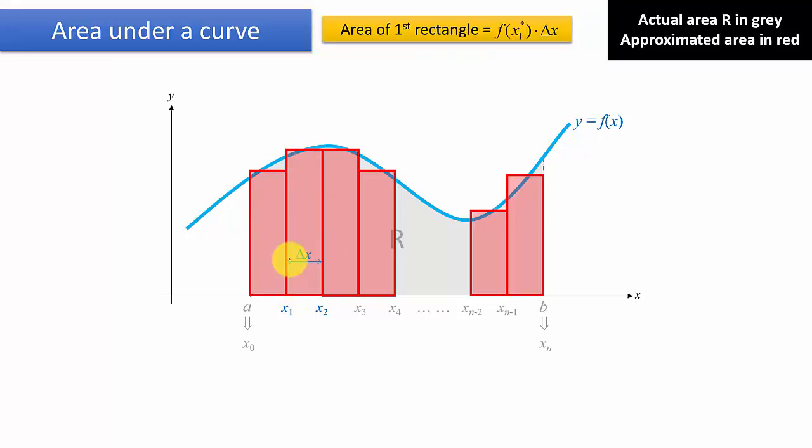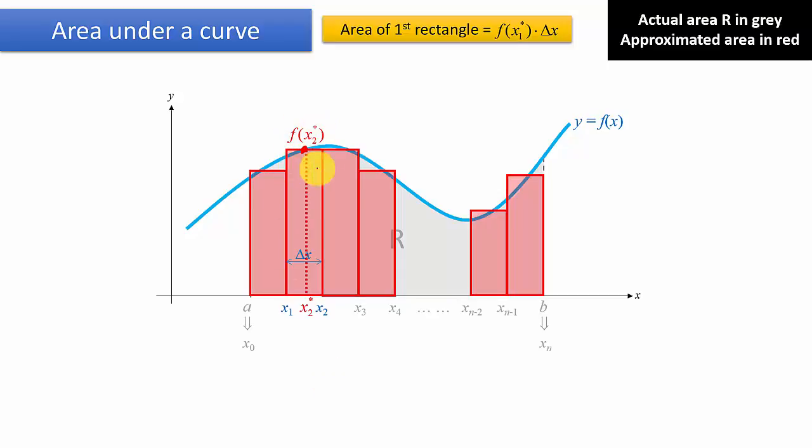Looking at the second rectangle, it intersects the curve y equals f(x) at this point. So let's find the coordinate of this point. Let's call the x-coordinate x2 star. Then I can simply substitute x2 star into the function and get the y-coordinate to be f(x2 star).